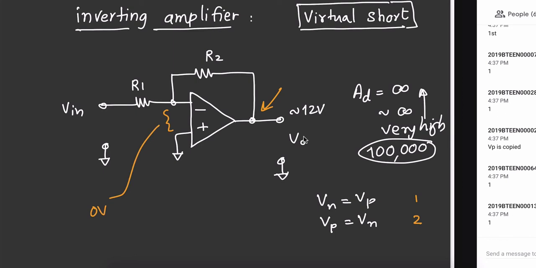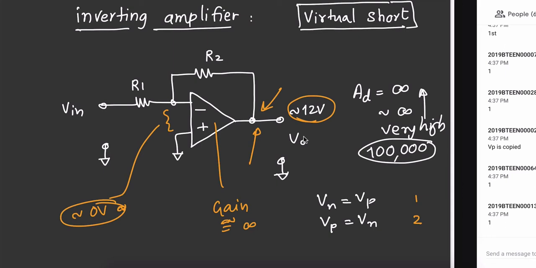Why is this difference 0? Because for producing any output like 12 volt or whatever, and the gain being very high, almost near to infinity, the input difference required is very small, very close to 0, and therefore we treat it as 0 for the time being, because we consider an ideal op amp.